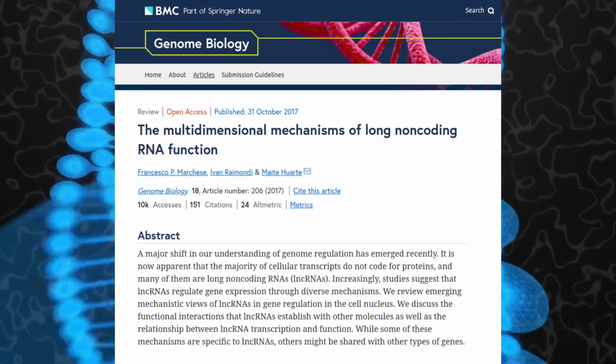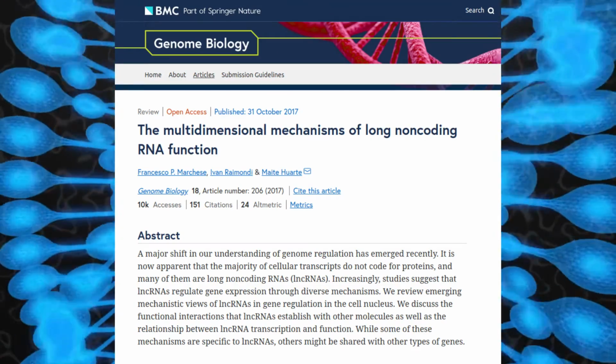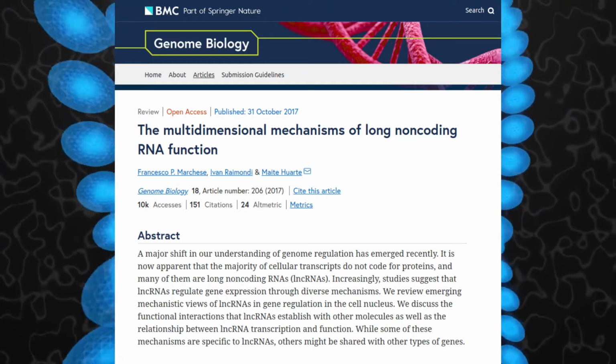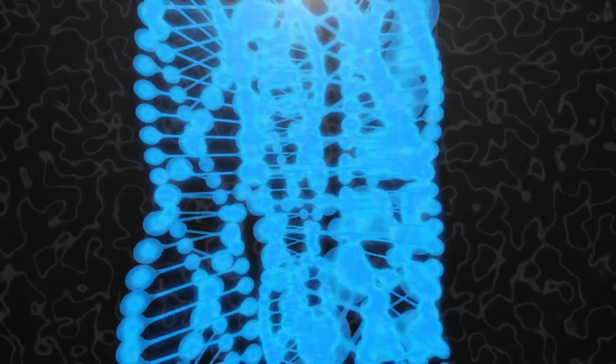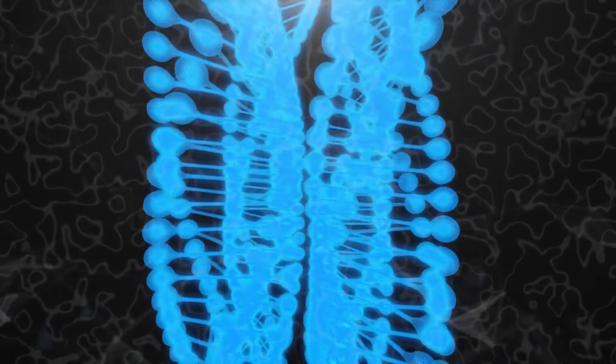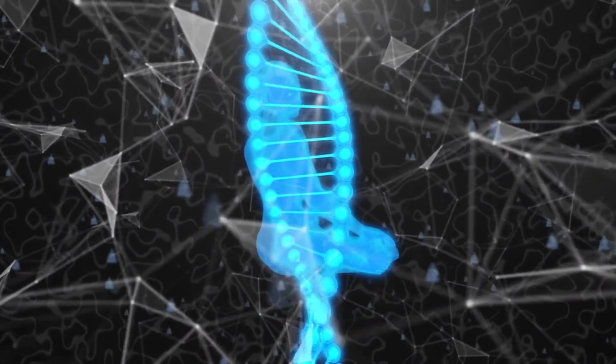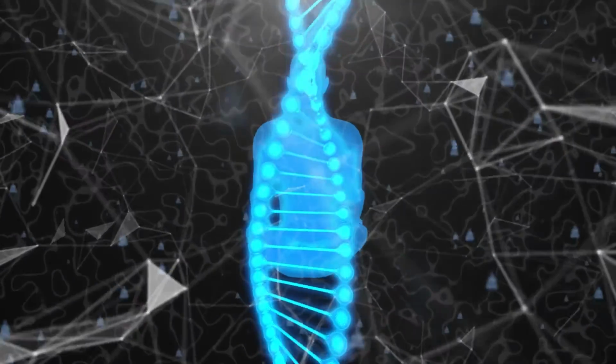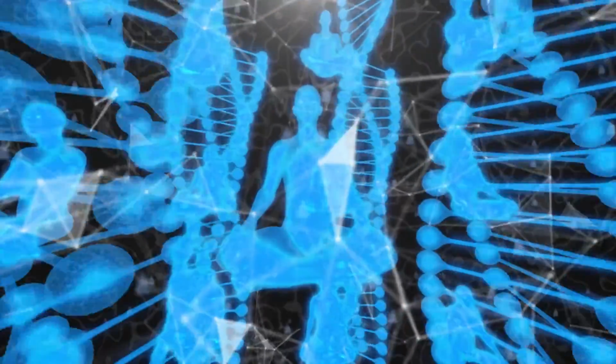Then there are long non-coding RNAs, which are a new and emerging field of research. They are larger than microRNA, but still small and non-translating. It is thought that these are generated from some of the large areas of the human genome, which are not responsible for expressing protein or regulating genetic expression, the otherwise called junk DNA.